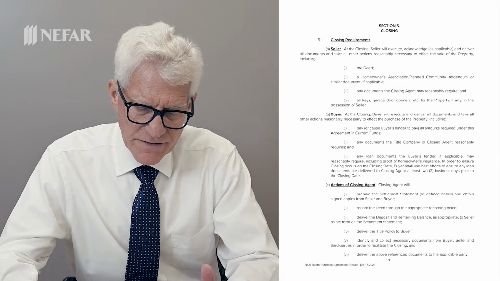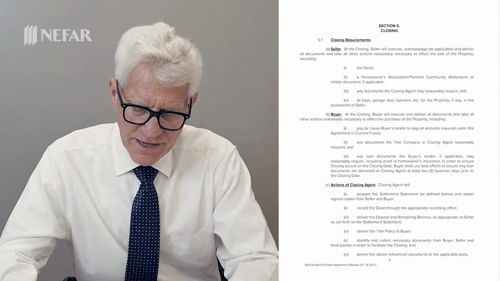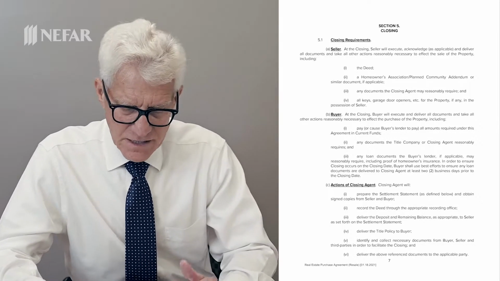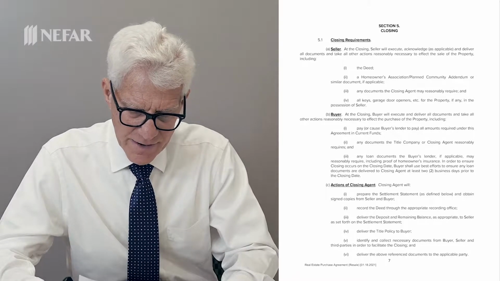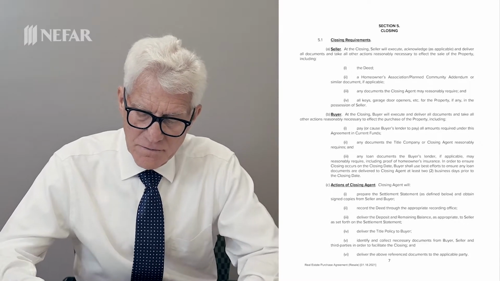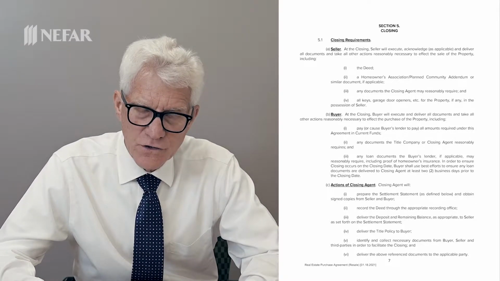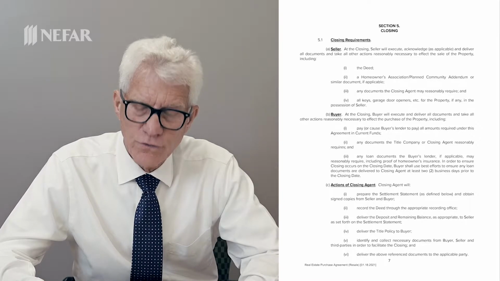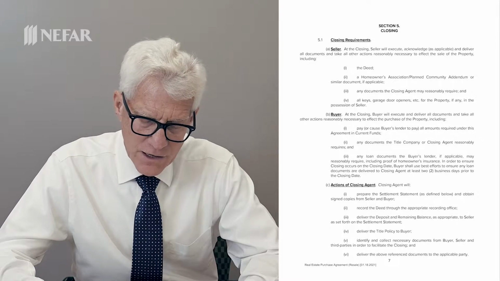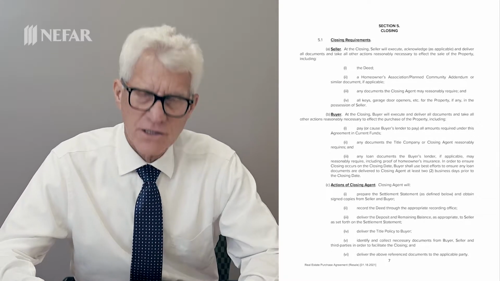It goes on to say that the seller is going to execute the deed and any documents the closing agent requires and deliver the keys, and the buyer will sign the documents reasonably necessary to complete the closing. Now here's something different. It says as to the buyer, in order to ensure that closing occurs on the closing date, the buyer will use their best efforts, whatever that is, to ensure any loan documents are delivered to the closing agent at least 2 business days prior to closing.